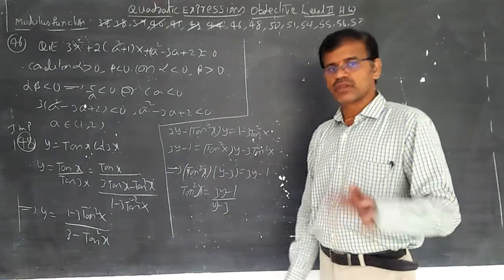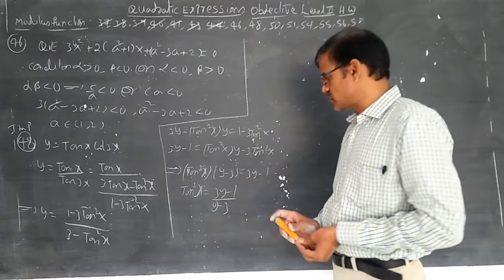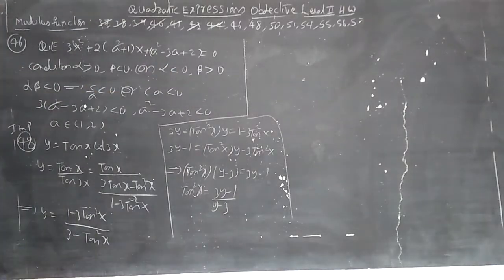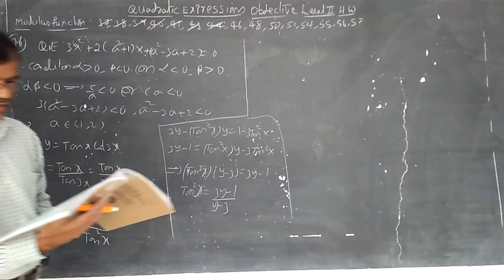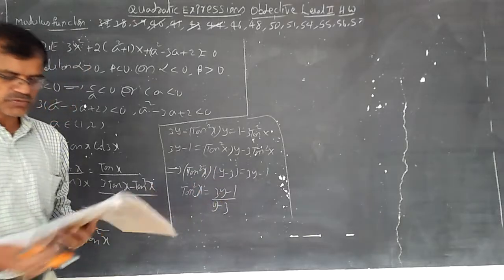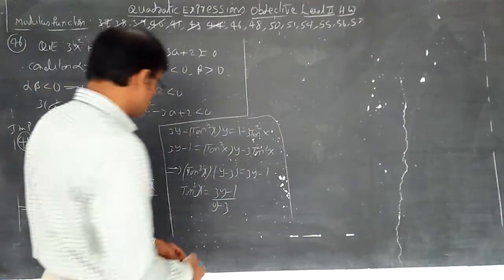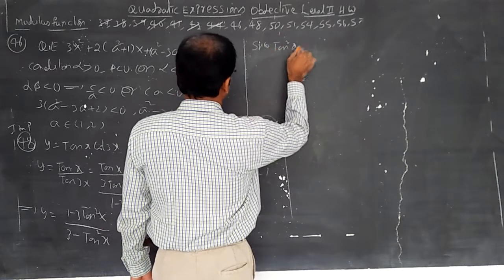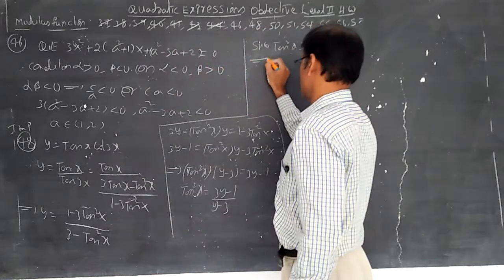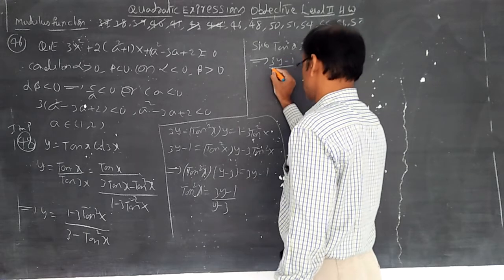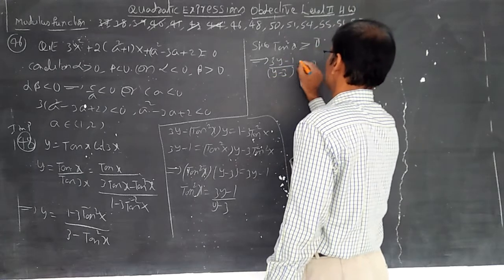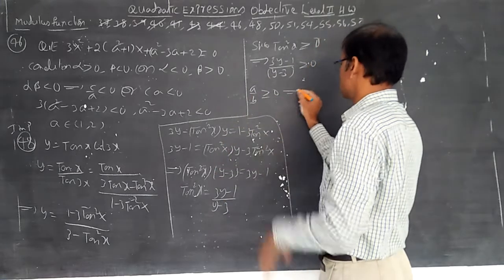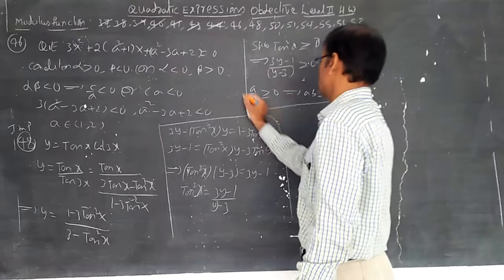We know that a square is positive, so for the trigonometric function, tan square x is always positive. Let's verify the condition whether it is greater than 0 or greater than or equal to 0 according to the option. x belongs to R is given, so tan square x equal to 0 you can also take. Since tan square x is greater than or equal to 0, that implies (3y minus 1) by (y minus 3) is greater than or equal to 0. Remember this thing: if a by b is greater than 0, that implies ab is also greater than 0.